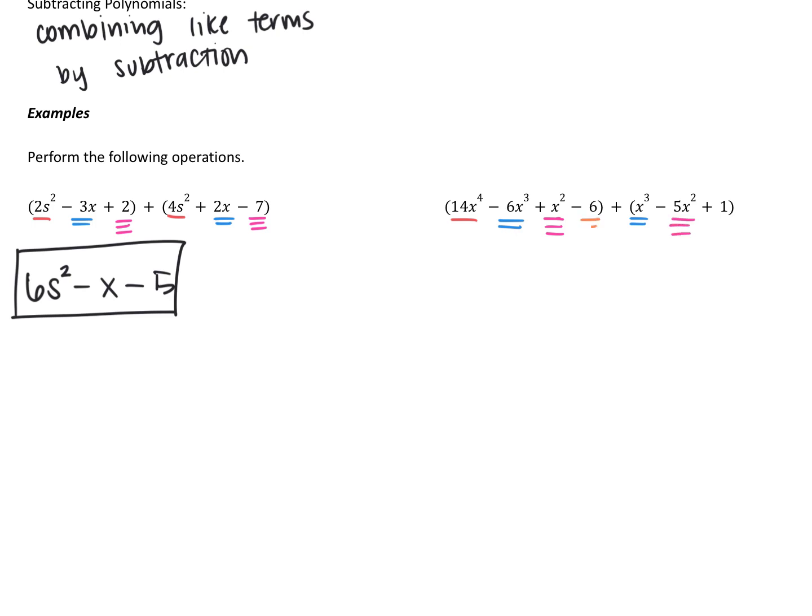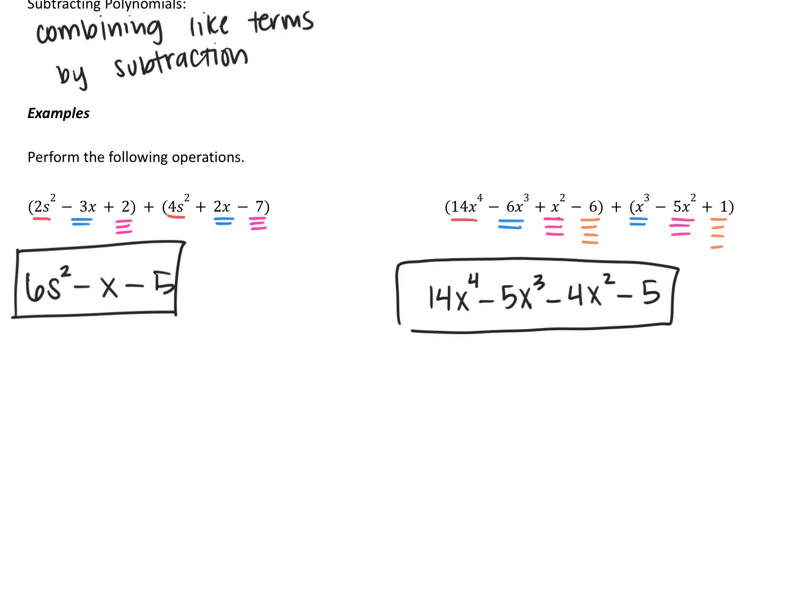Then lastly, I have negative 6 and 1. So since 4x to the fourth doesn't have another like term, it stays 4x to the fourth. Negative 6x cubed plus x cubed is going to be negative 5x cubed. X squared plus negative 5x squared is negative 4x squared. And then negative 6 plus 1 is negative 5.